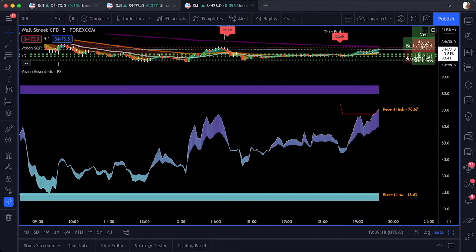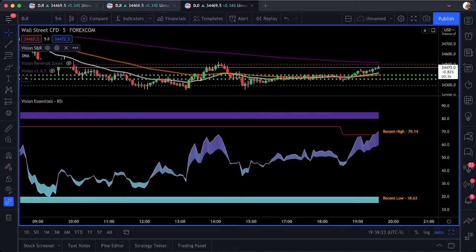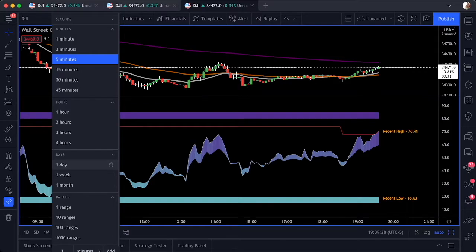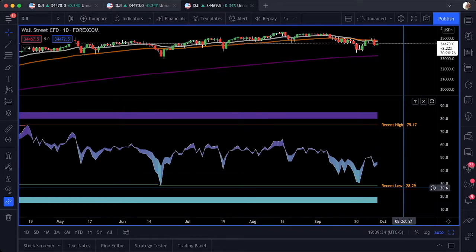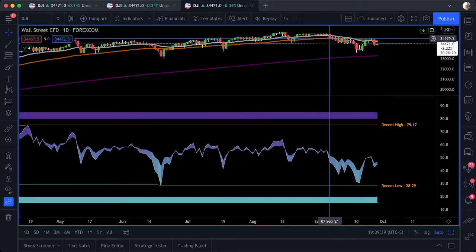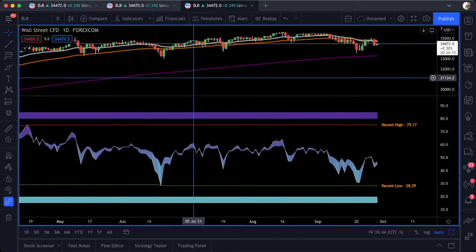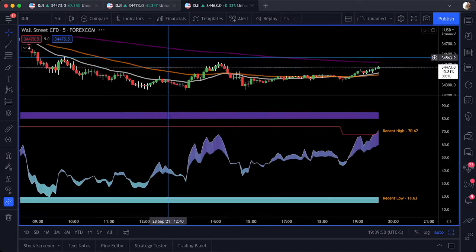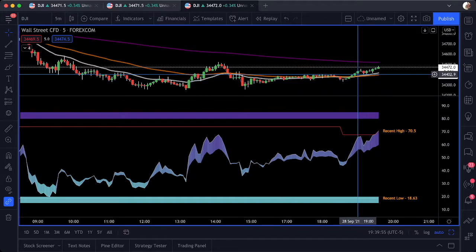If I do 1 day, see how the recent high and the recent low changes? Yep. So that's what it's talking about. It's getting the information for the past 14 candles. So on the day, that's 14 days. But on the 5 minute, that's this whole section right here. Oh, okay.